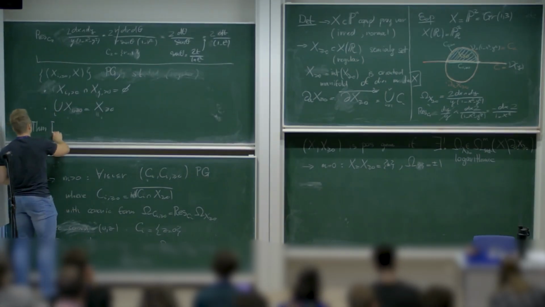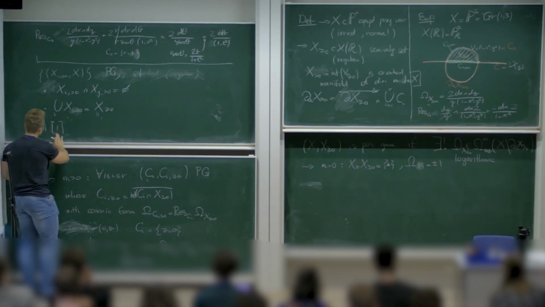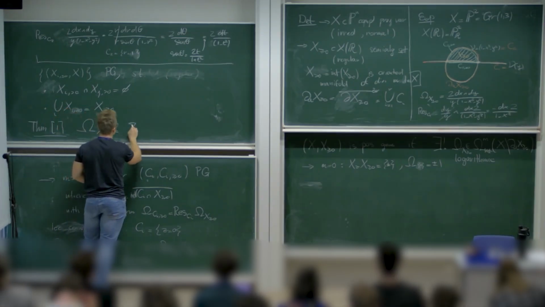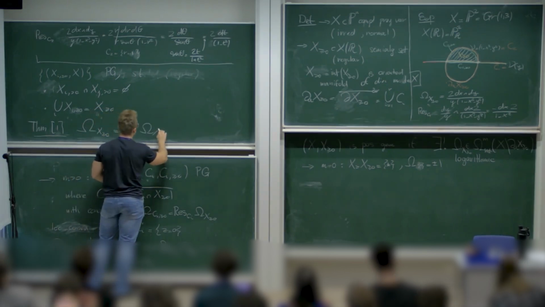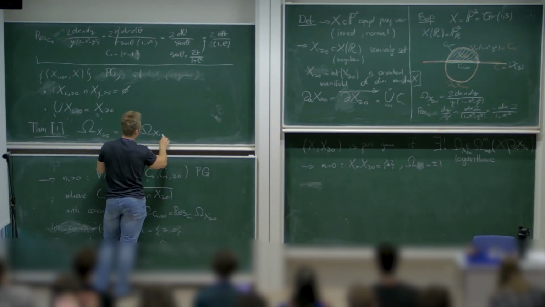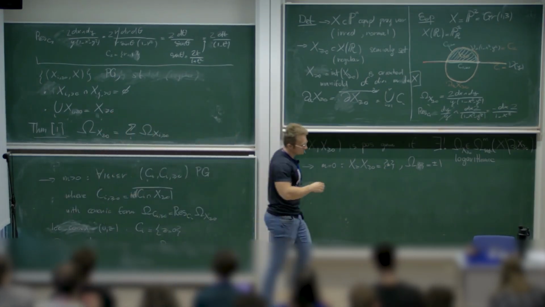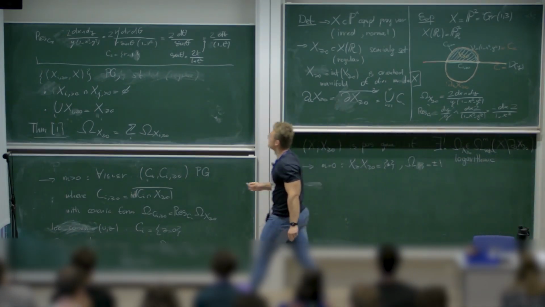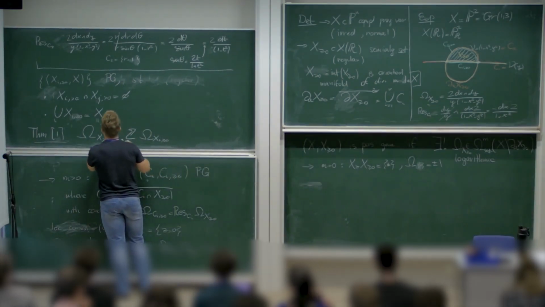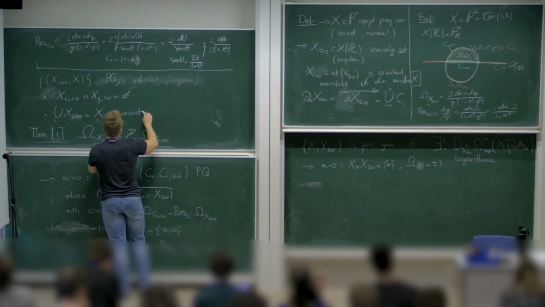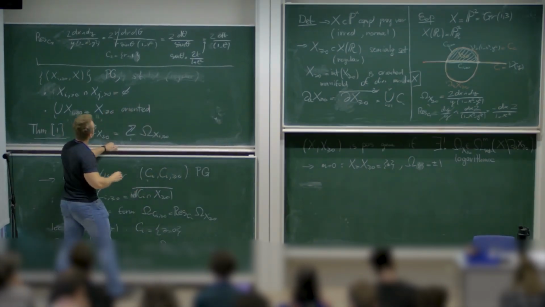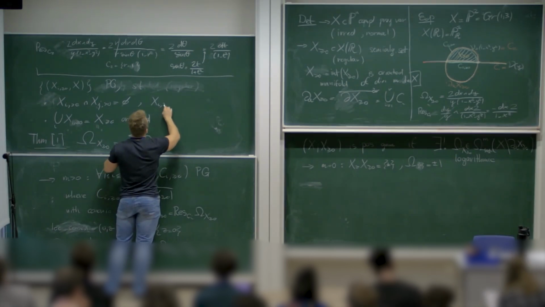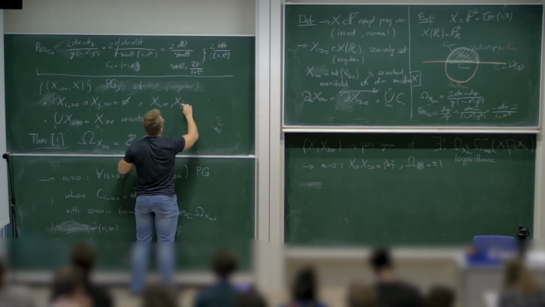Then the theorem, which you can find in the first reference in the handout, is that the canonical form of X greater than 0 is the sum over i of omega of X_i greater than or equal to 0. I also need this to be oriented, so X_i and X_j must have compatible orientations.